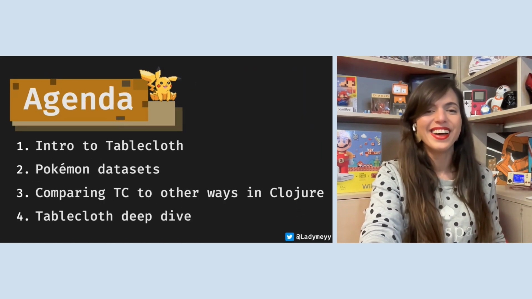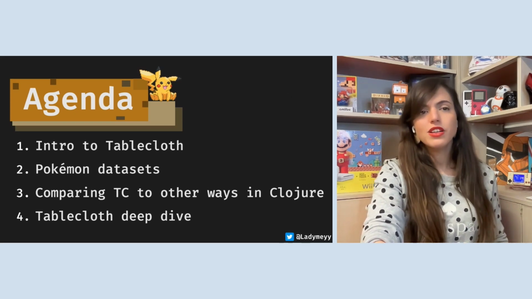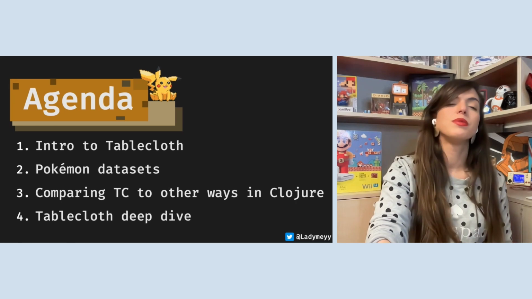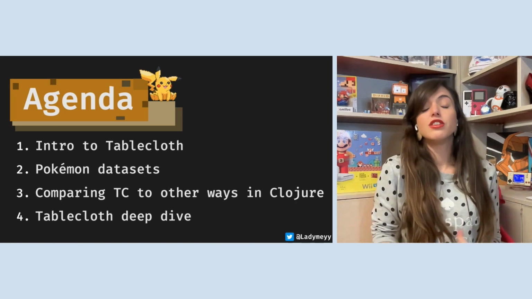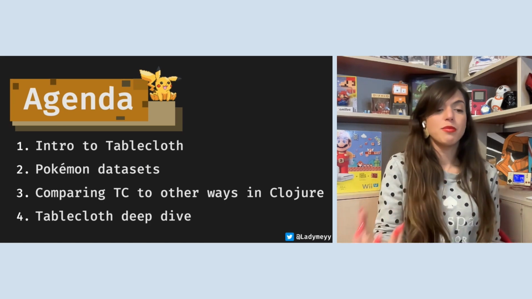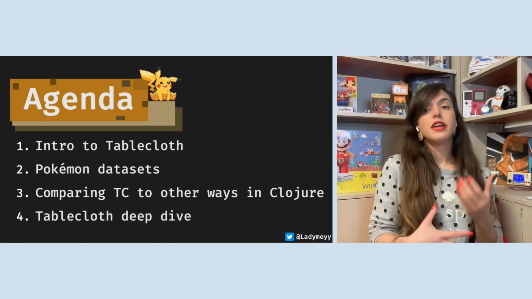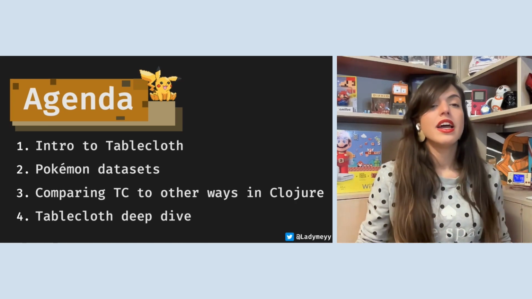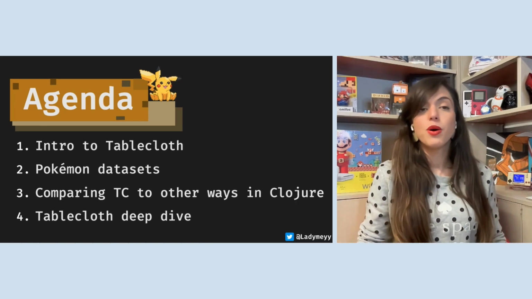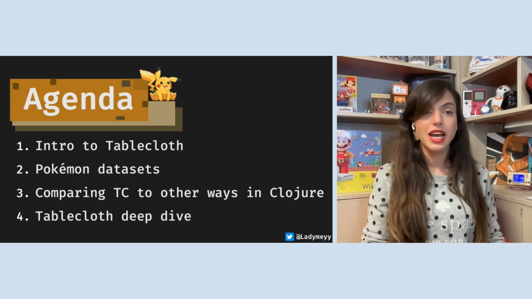So okay, let's talk about the agenda that we have. The first thing that we will do is a small introduction into Tablecloth. We will talk about what this library has to offer in terms of handling tabular data. And then we will talk about the Pokémon datasets, which I used for the code examples that we will see today.